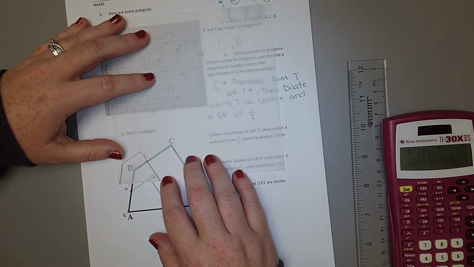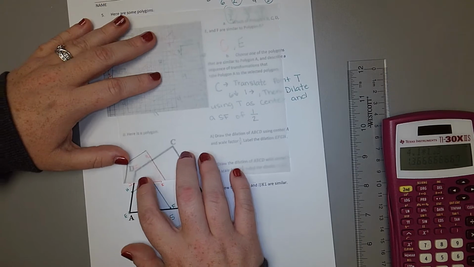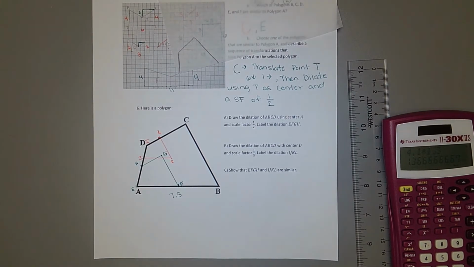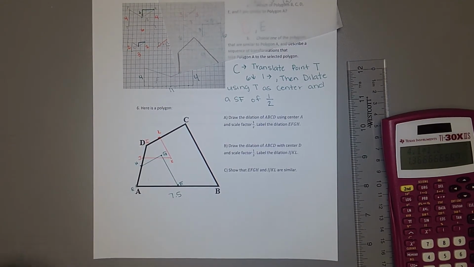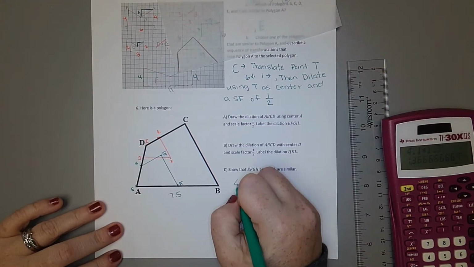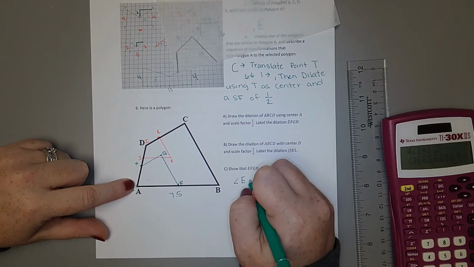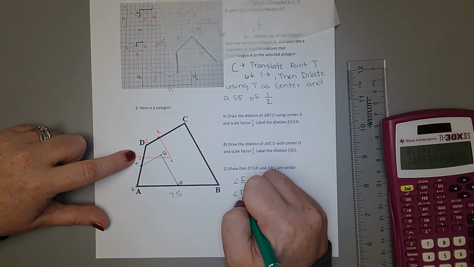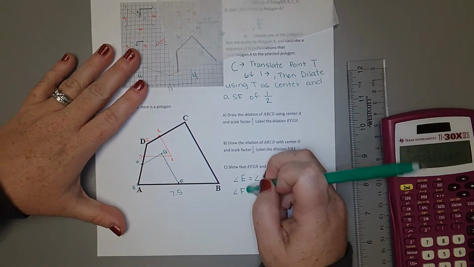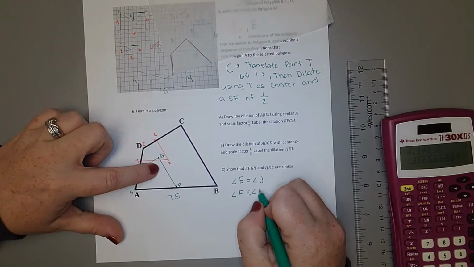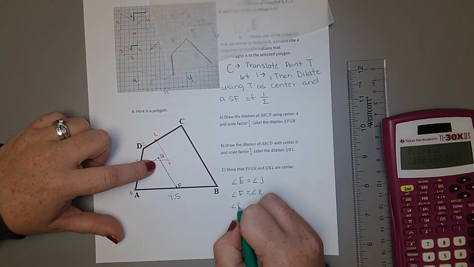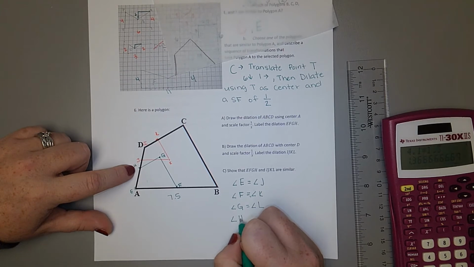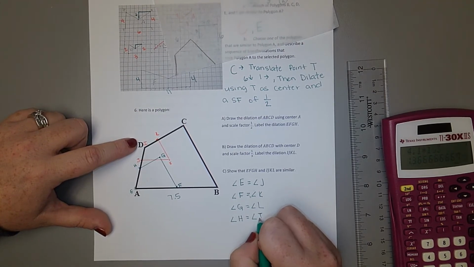I can do the same for angle E, F, and K and angle E and J. So all corresponding angles are equal to each other, or you can put angle E is equal to angle J. Angle F is equal to angle K. Angle G is equal to angle L. And angle H is equal to angle I.